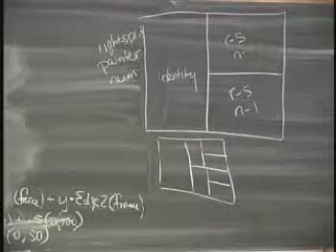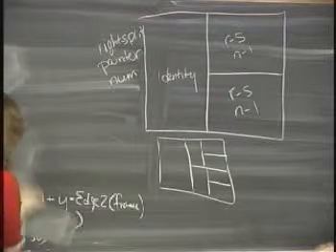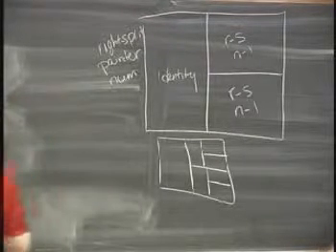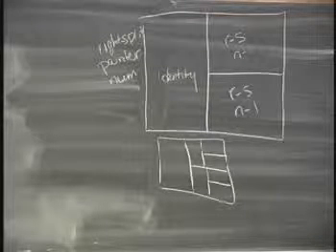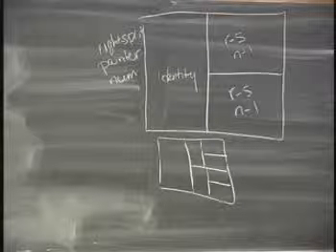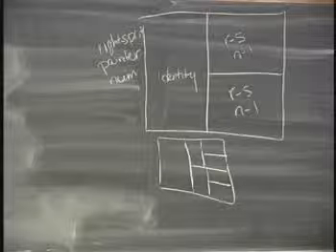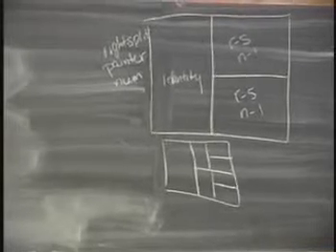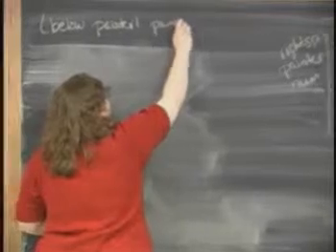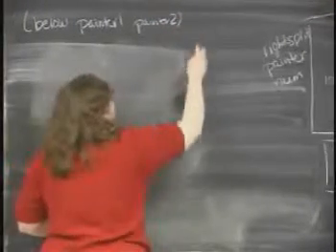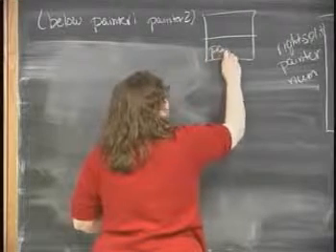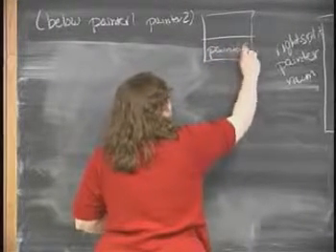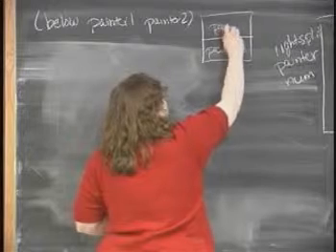So let me tell you that we have two procedures defined for us. One is called below, which takes two painters, painter 1 and painter 2. And what it returns is painter 1 painted below painter 2.